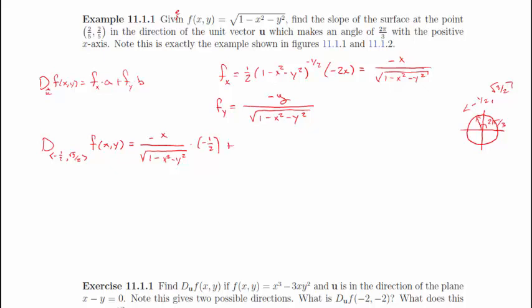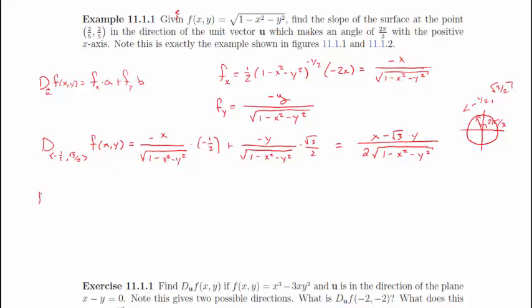And we go plus f sub y, negative y over the square root of 1 minus x squared minus y squared, and that's times root 3 over 2. This can actually simplify nicely to, let's see, x minus root 3 times y all over 2 square root of 1 minus x squared minus y squared. Cool. So if I'm wanting to move in this direction, then I can look at any point x, y.